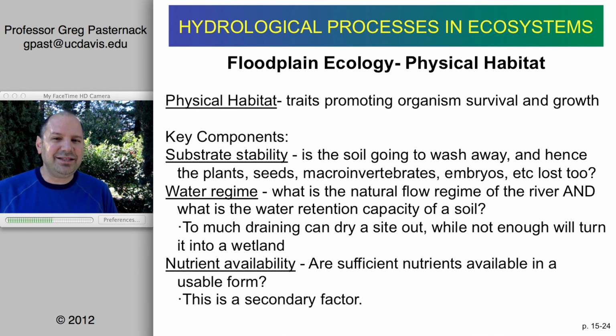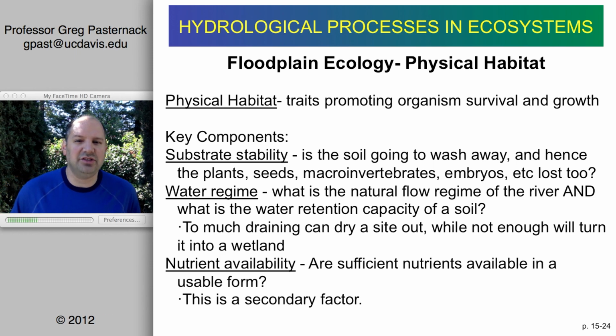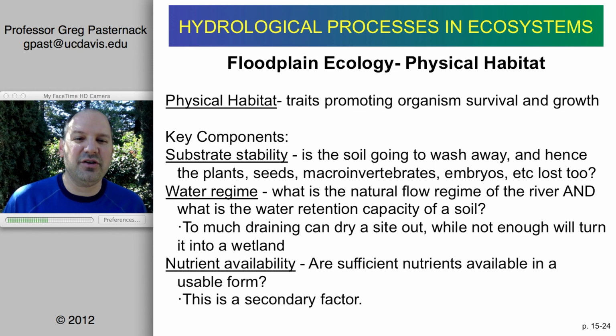Okay, so let's look at this in the floodplain ecology context. We can define the idea of a physical habitat as being the attributes of the physical nature of the land that promote organism growth and survival, or really any kind of function, reproduction, predation, competition, whatever it's promoting.